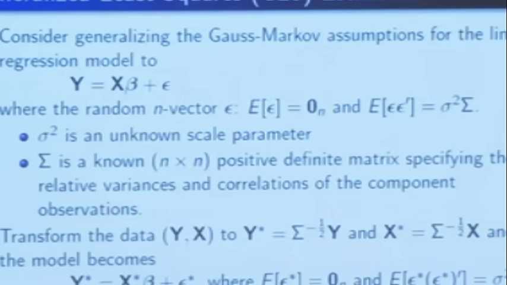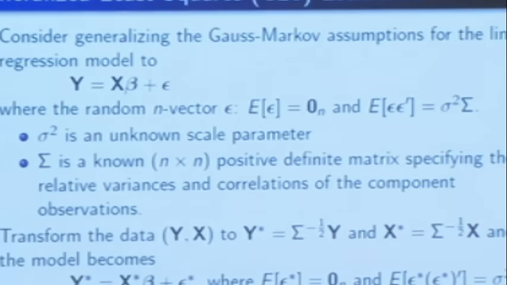So if we just take a linear transformation of the original data, we get a representation of the regression model that satisfies the original Gauss-Markov assumptions. And what we had to do was basically do a linear transformation that makes the response variables all have constant variance and be uncorrelated.